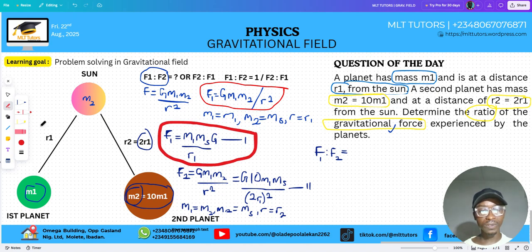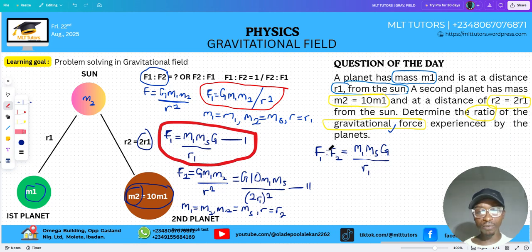So now, bringing that now, definitely we have m1 ms multiplied by g over r1.